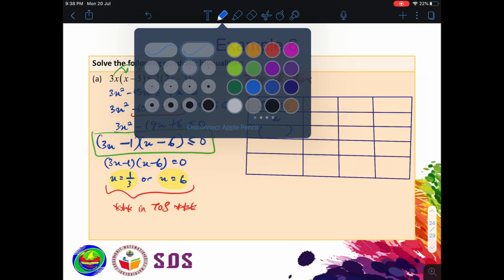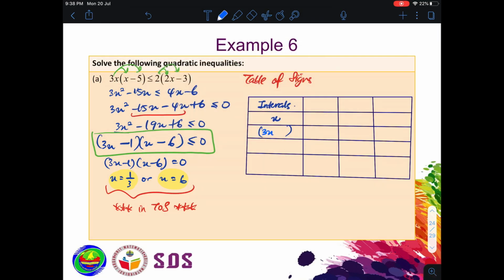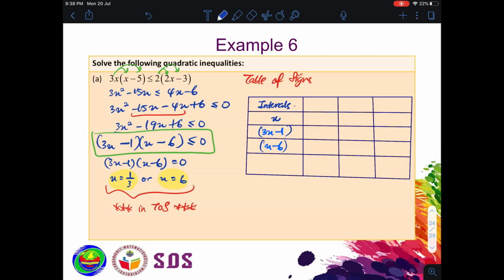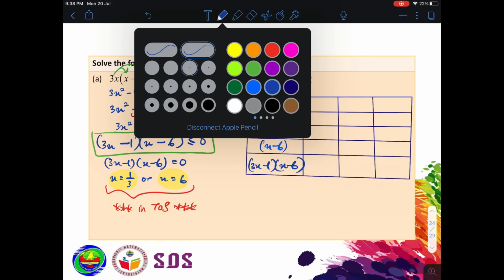So put in your factors, which are 3x minus 1 and x minus 6. Put in both factors, and the last part will be both factors multiplied together. Now the important thing we have to put in is the values of x.